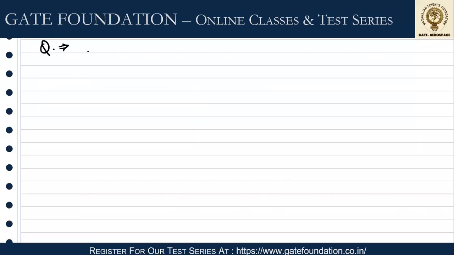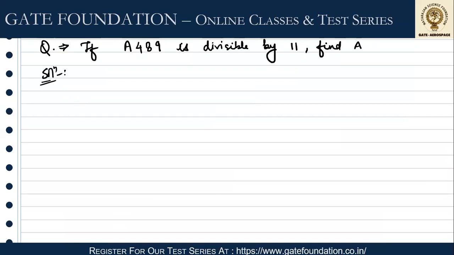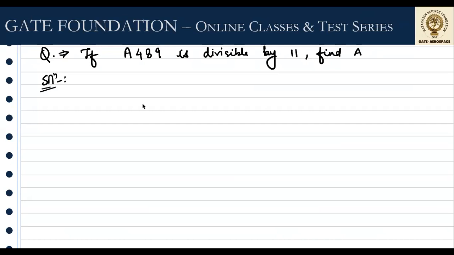Let's try to do the next question. Let's have one question related to divisibility test. So if a number A489 is divisible by 11, find it. 5.